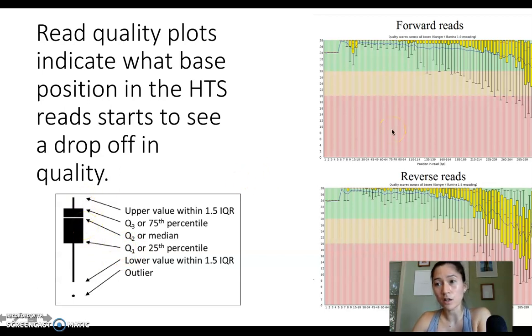The cutoff that I'm using for our lab this week is to find where the bottom of the sequencing quality boxes gets below 20. That's basically too low of quality, and we don't want to use those reads. But anything above 20, we would consider acceptable.